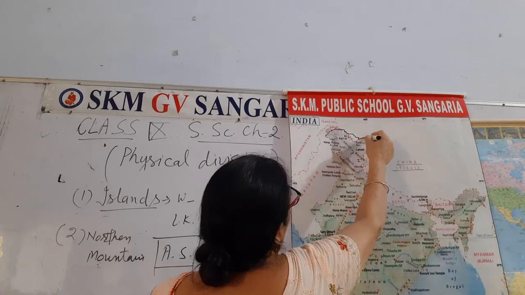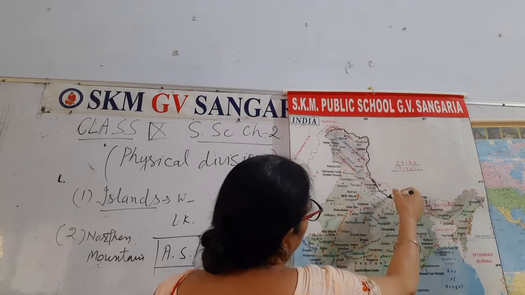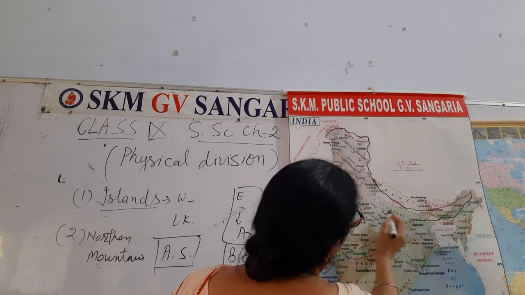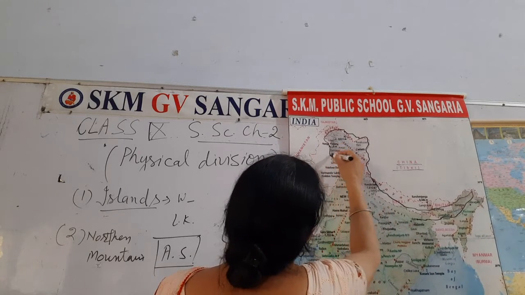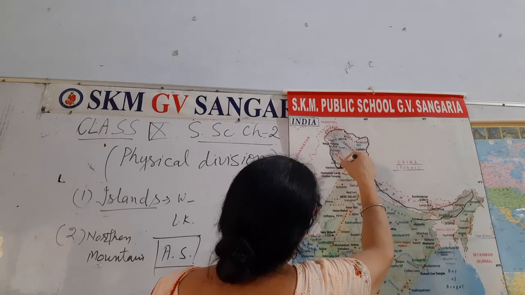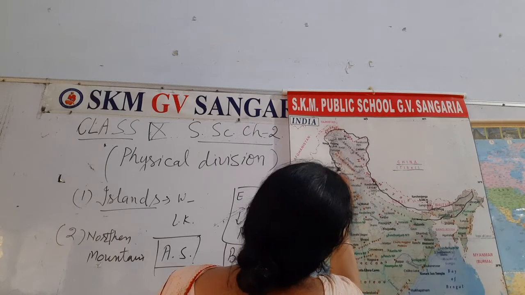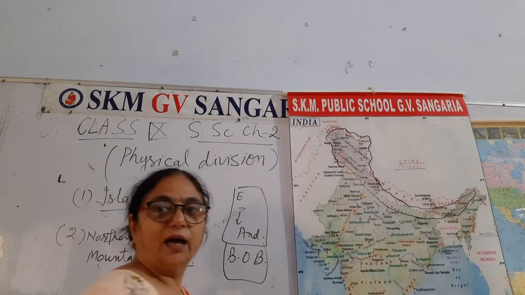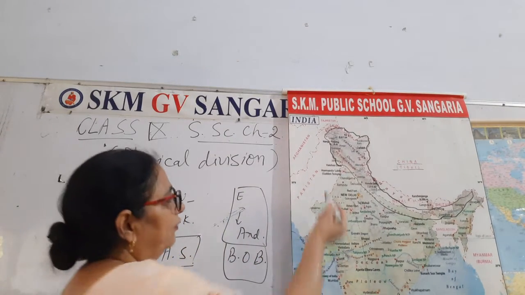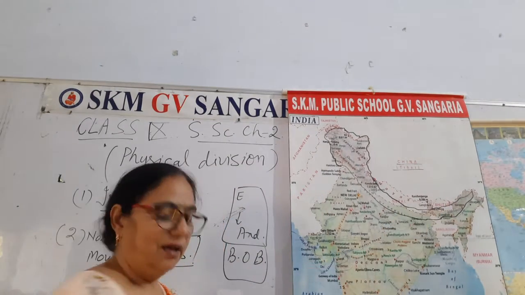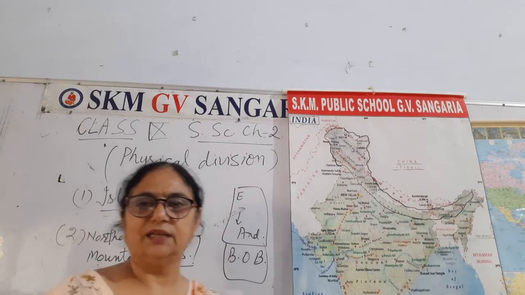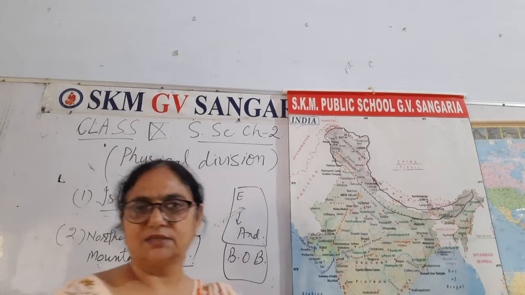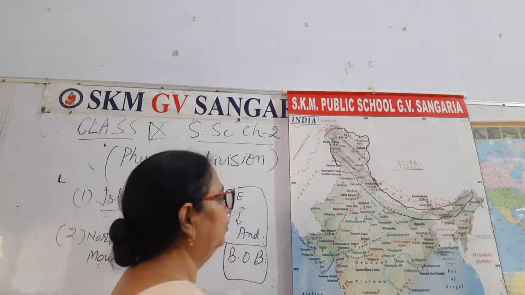From here Jammu Kashmir to here, and some part of Assam this line, and here it goes from Vaishno Devi, Nanda Devi, somewhat here. Right? The encircled portion, encircled with black pen, shows us the northern mountains. Roughly I am giving you an idea.